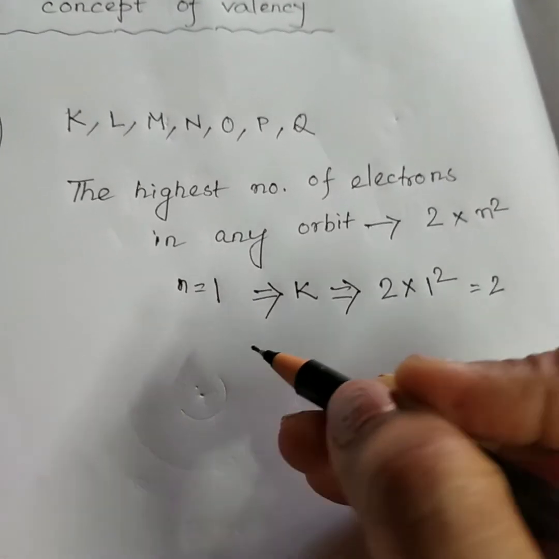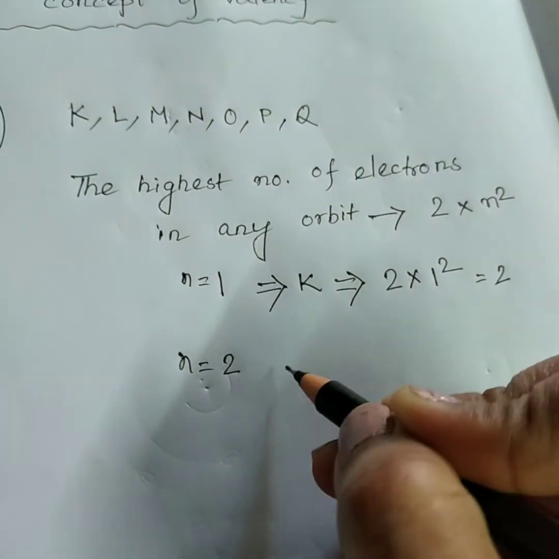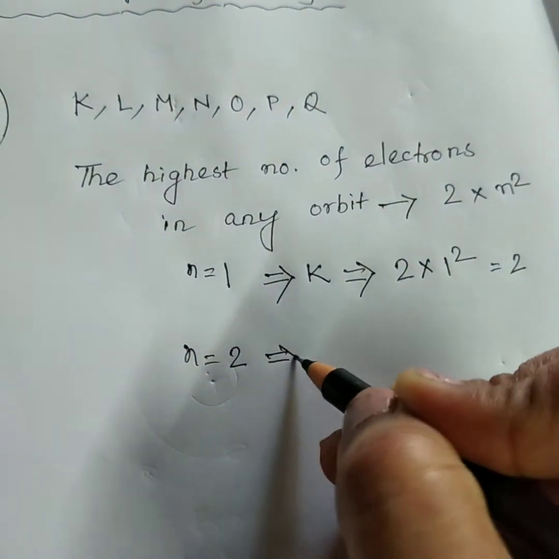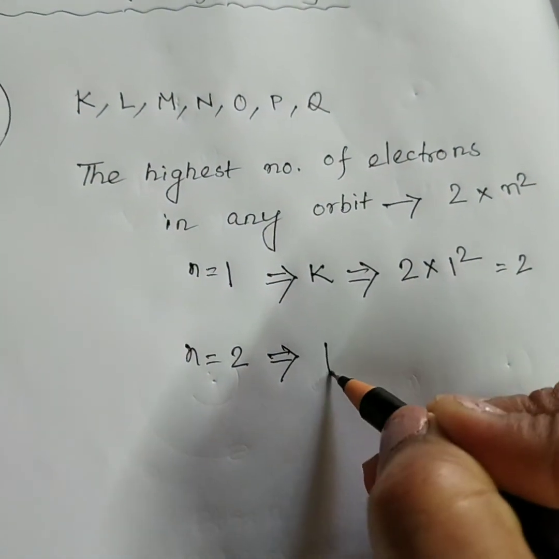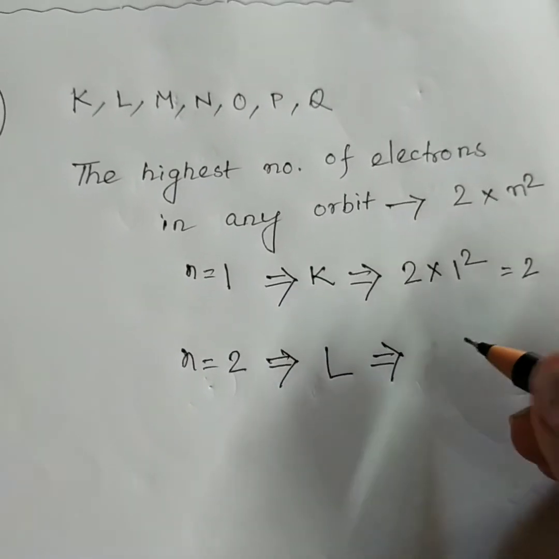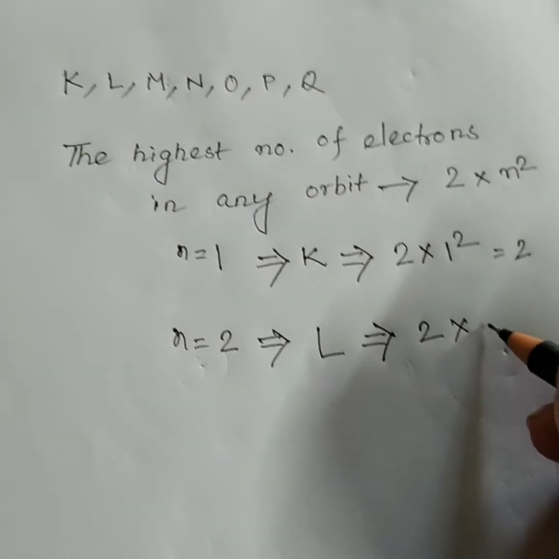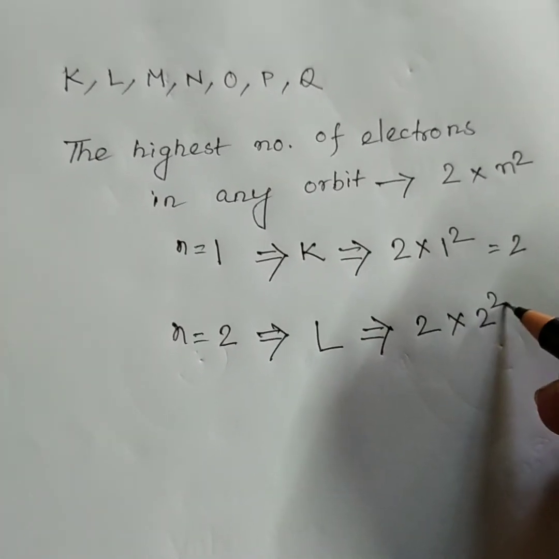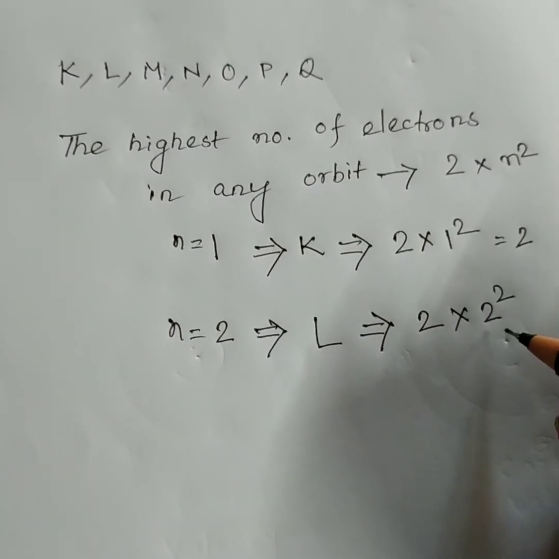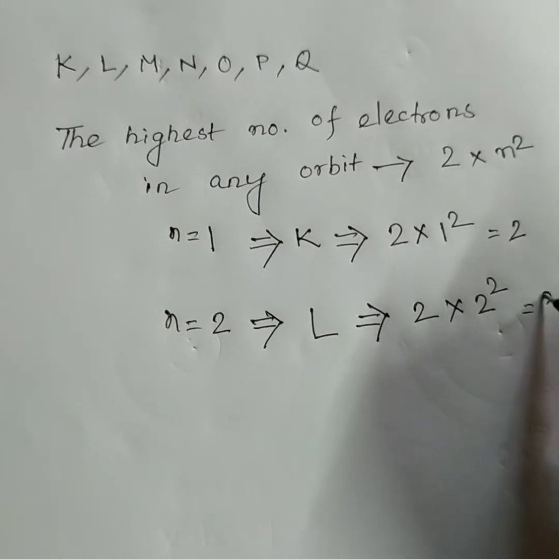For n is equal to 2, we get the shell L. So the highest number of electrons in the L shell is 2 into 2 square. That is, 2 square means 4, 4 into 2, that is 8.